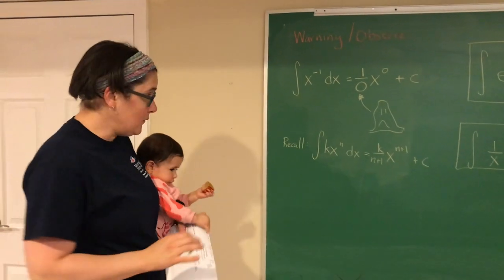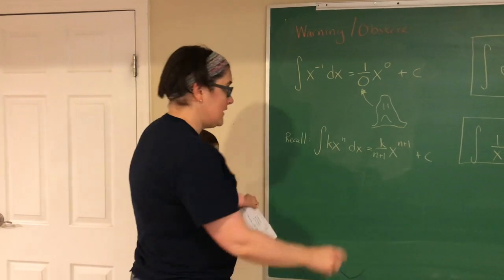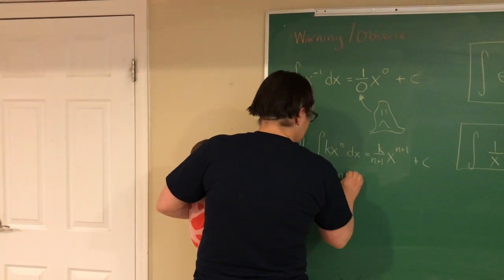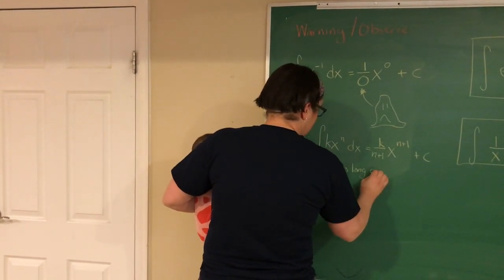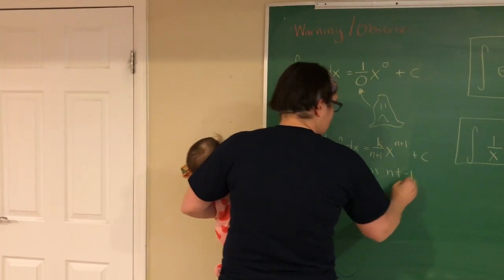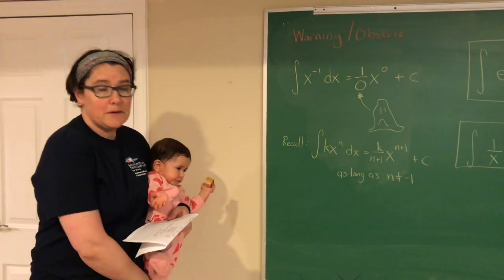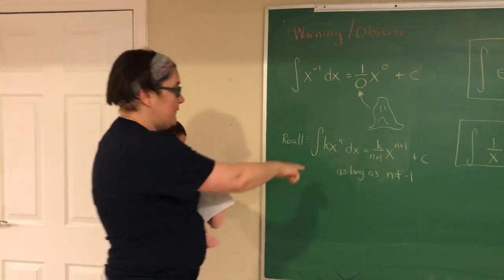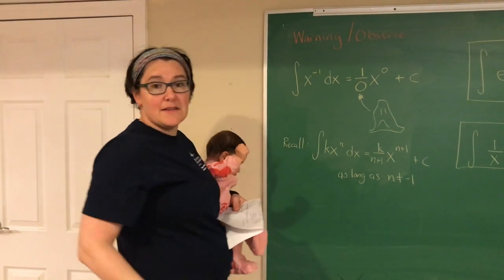And when we wrote this rule down, we said this rule works as long as that power is not equal to negative 1. Okay? So this is why this power rule does not work for x to the negative 1.